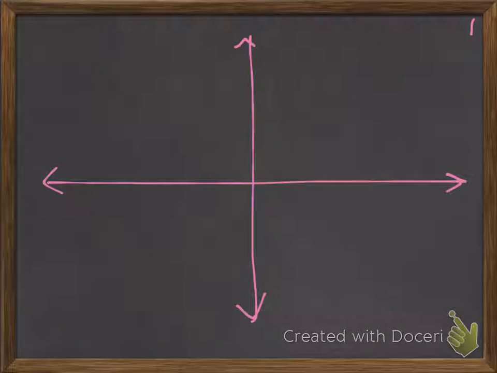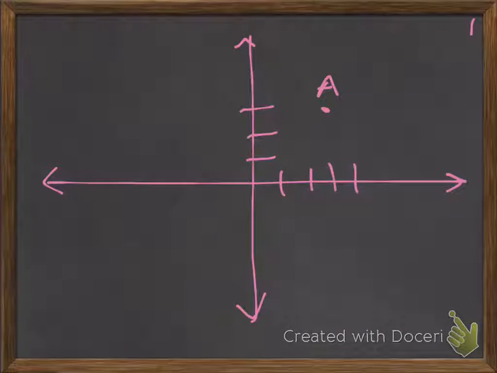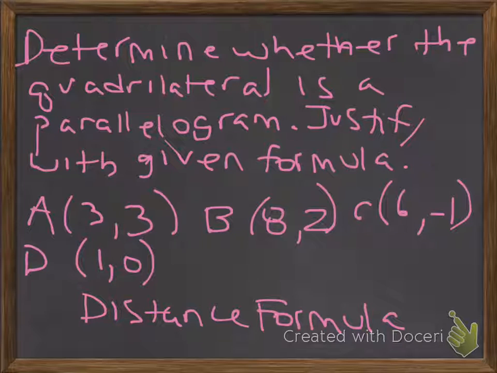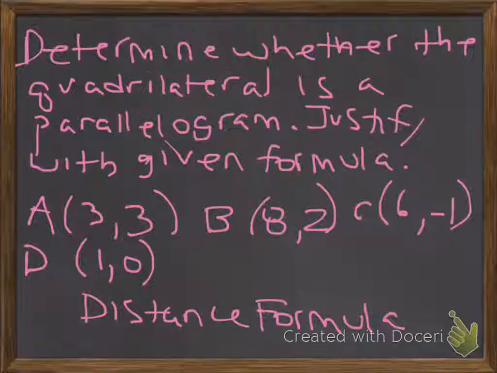So A is 3, 3, B 8, 2, C 6, negative 1, and D 1, 0.